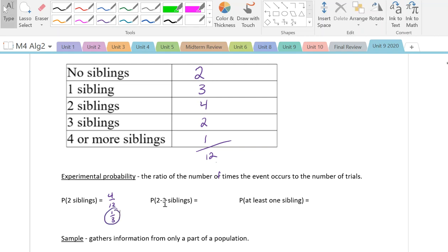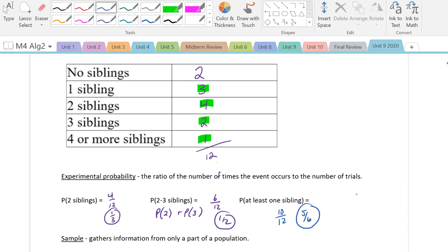Probability of 2 to 3 siblings will be probability of 2 siblings plus probability of 3 siblings, which would be 6 out of 12, or 1/2. Probability of at least 1 sibling would be probability of 1 sibling plus probability of 2 siblings plus probability of 3 siblings plus probability of 4 or more. So all of these. So we're talking about 10 out of 12 or 5/6.